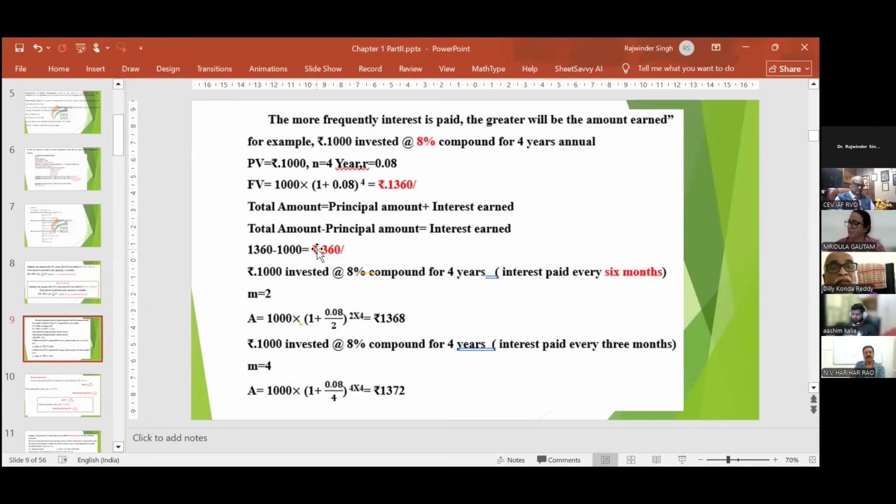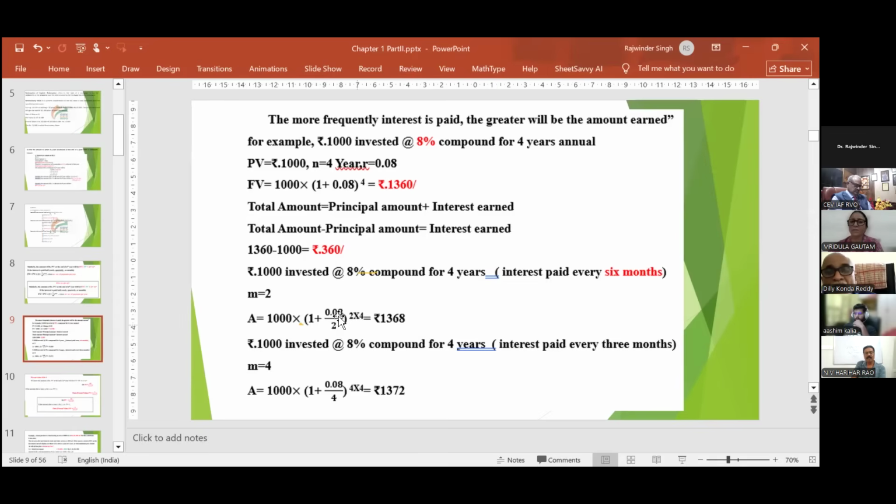Now suppose interest is paid every 6 months. It means instead of 4 times, you will get interest 8 times. The number of times will be m into n, 2 into 4. Instead of 4, it will be replaced with 2 into 4, and your rate of interest will not be 8, it will be 0.08 divided by 2.